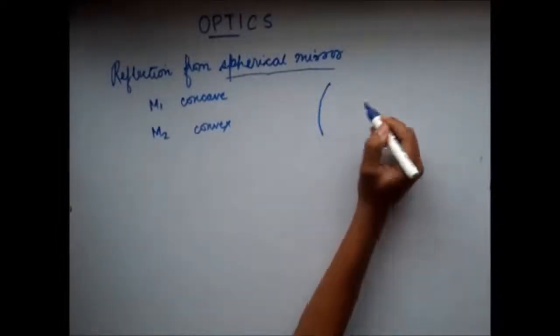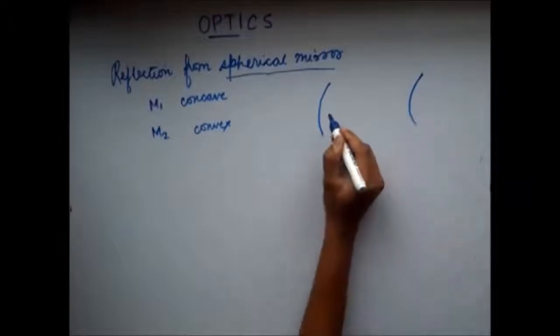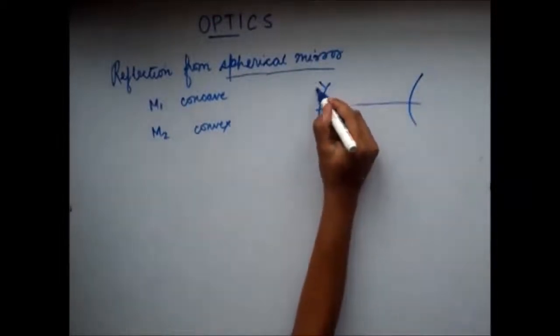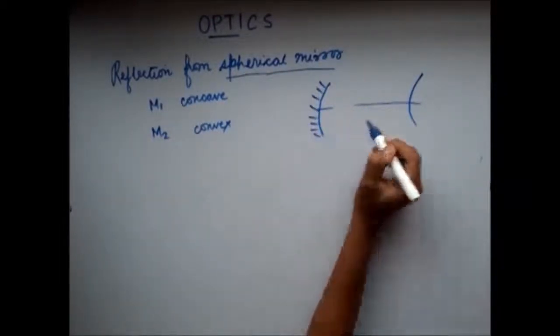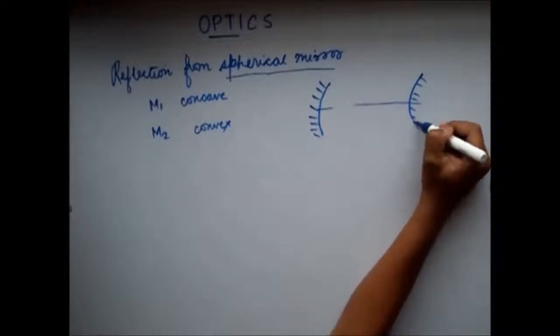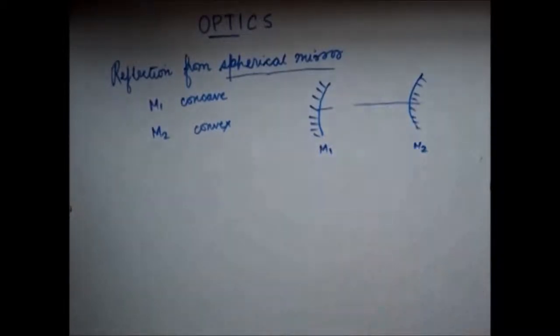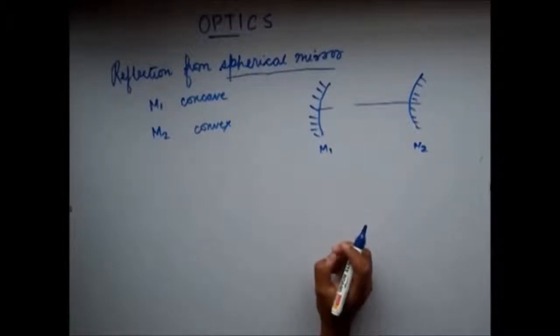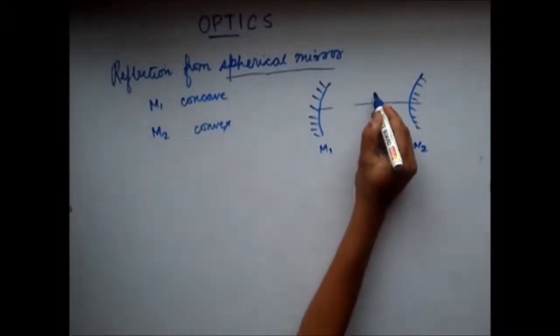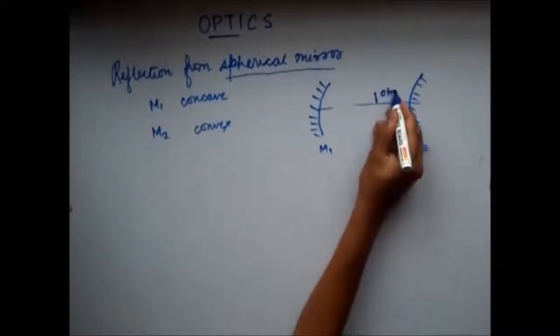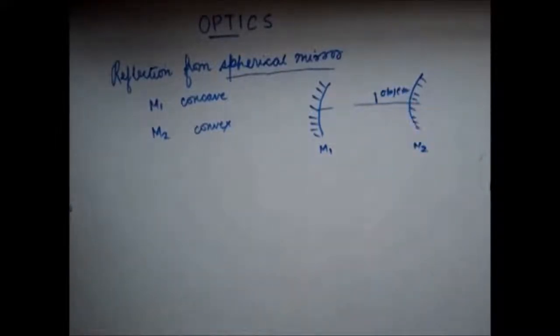So the construction is like this. This is my M1, this is my M2. Now consider, it says that there is a small object placed here.